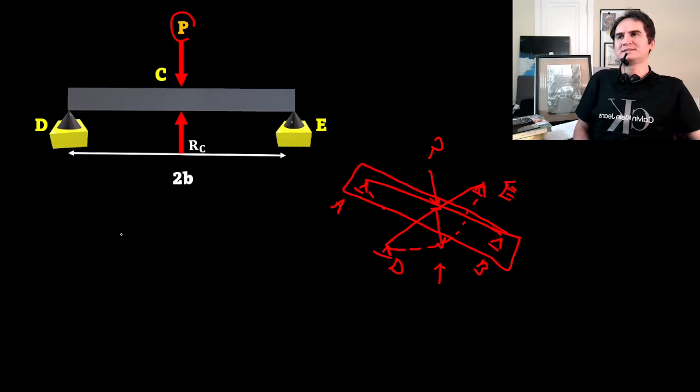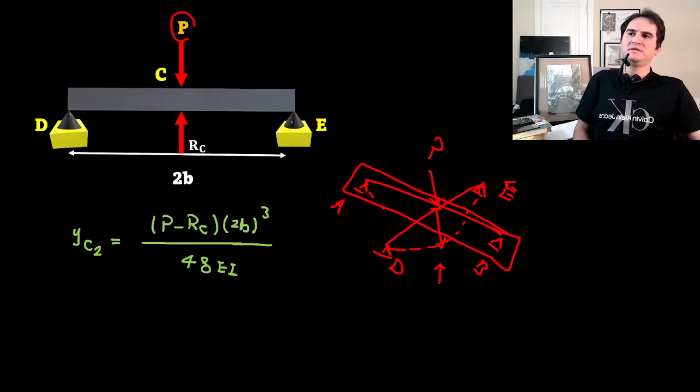In that case, YC2 is the combination of those two opposing forces, P minus RC, times 2B cubed over 48 EI. So we just replace the force; the resultant force is P minus RC for the top beam.